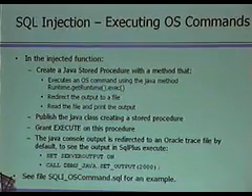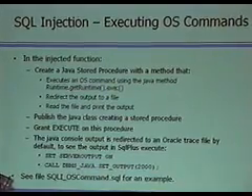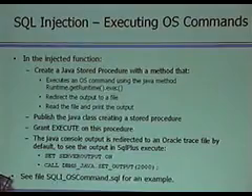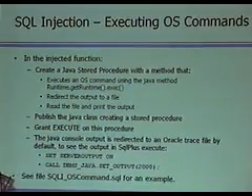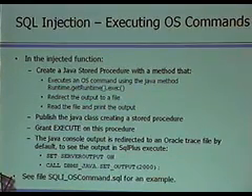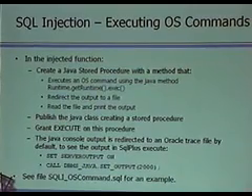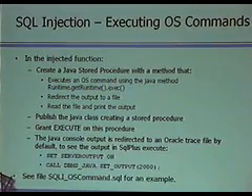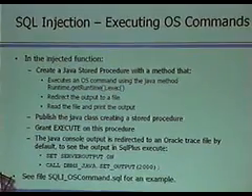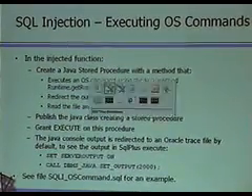Then we publish the Java class by creating a stored procedure and grant the execute privilege on this procedure so we can execute operating system commands. By default, the Java console output is redirected to a file. So to view the output, we must execute those two commands, SET SERVEROUTPUT ON and CALL DBMS_JAVA.SET_OUTPUT. We will see an example.